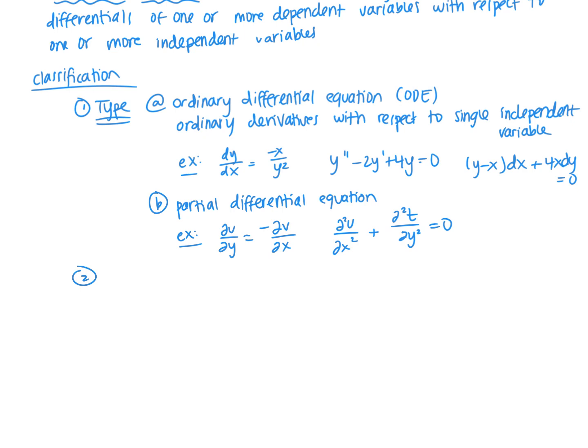Second way to classify besides type is by order. And when we say order, we are referring to the order of the highest derivative. So here's an example.